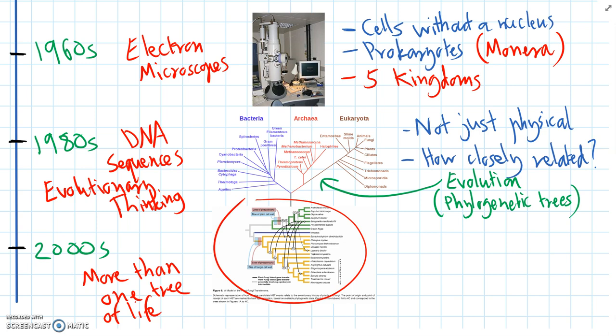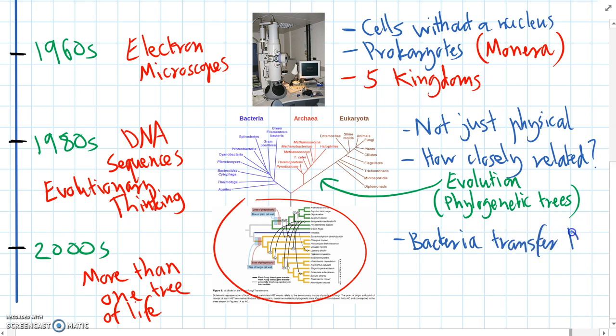But the main discovery that we found recently is that bacteria actually transfer DNA to other species. And before this, we thought that one species stayed within itself and it never bred with other species. But now we know that actually, even though species might be separate, they still can send DNA to other species, which makes things a lot more complicated.